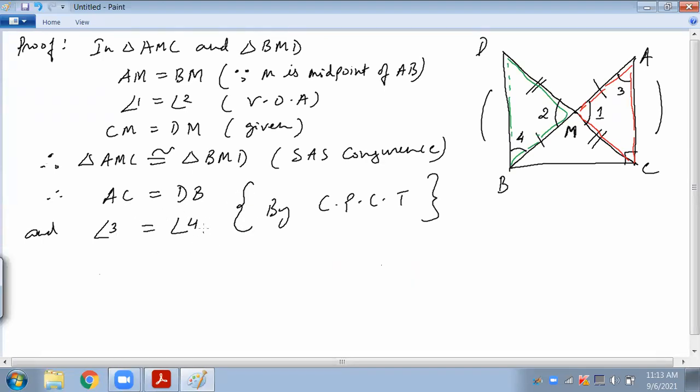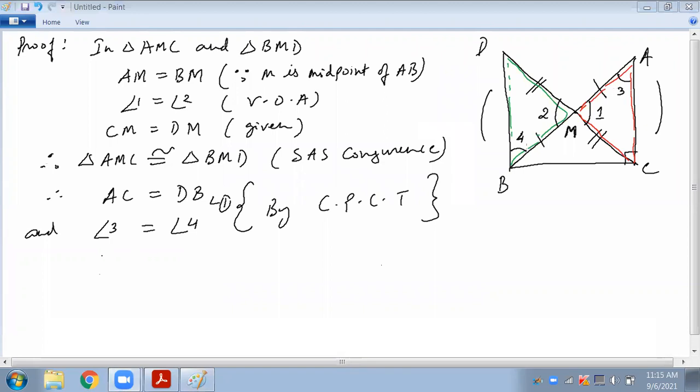Both of them will be equal by CPCT. You can mark this one as 1 because we are going to use it to show the other thing. Then angles 3 and 4 are equal.